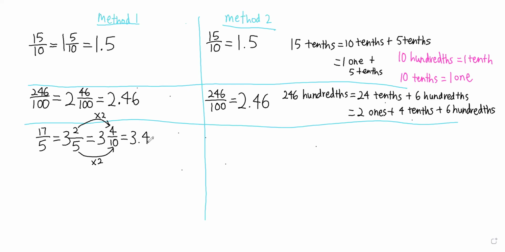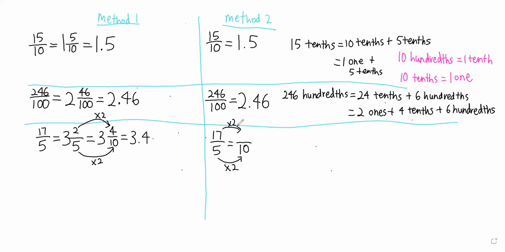For method 2, for the same improper fraction, 17/5, basically what I do is I just convert it into an equivalent improper fraction, so I don't use a mixed number at all. So I still want denominator 10, so I'll multiply my denominator by 2, which means I need to multiply my numerator by 2. So here comes the problem for some of us, because some of us are not able to multiply such big numerators without doing some working.